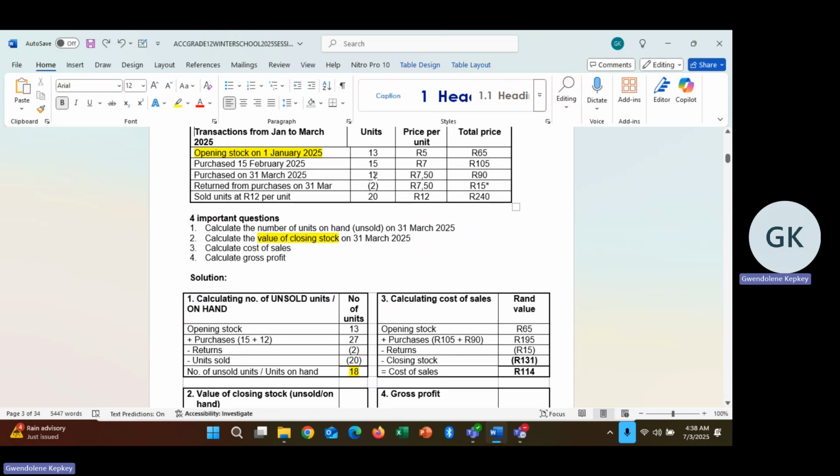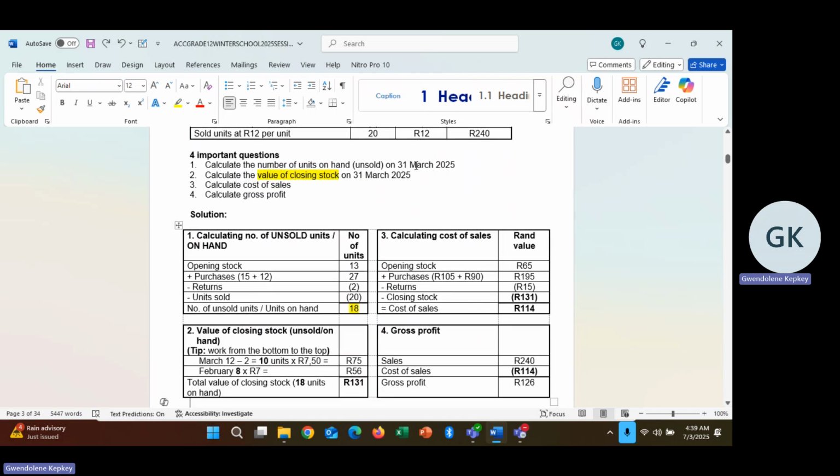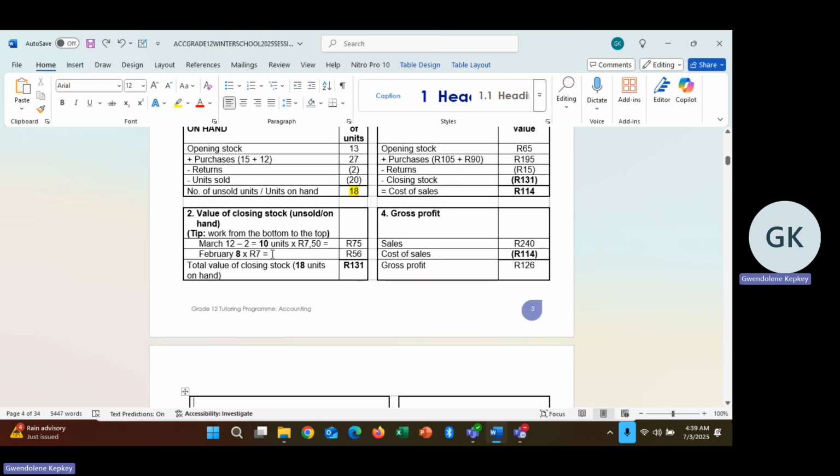So in February, in total 15 were purchased, but I automatically must make the deduction. I have 8 left of the month of Feb, and I'm going to multiply it by my 7 rand unit price. If I do that, I come to the following amount.